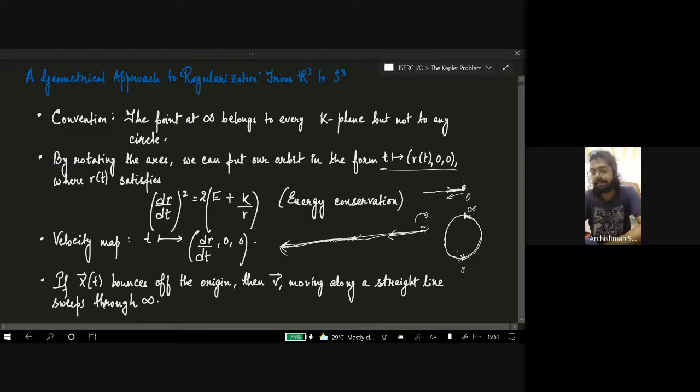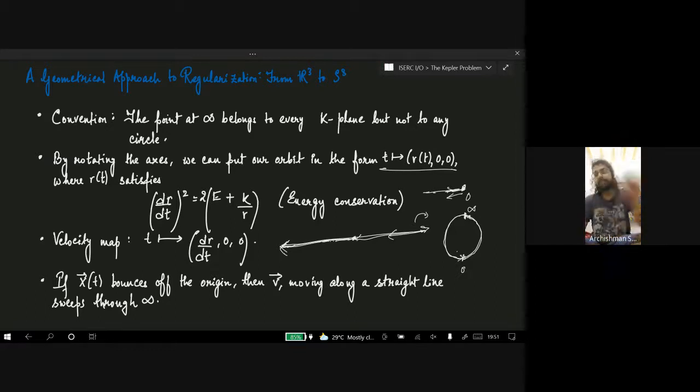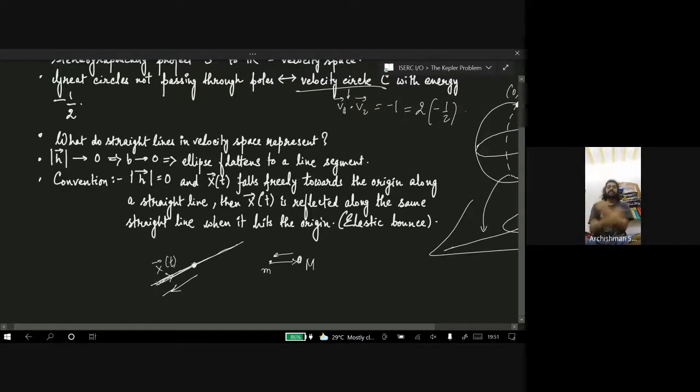So the velocity vector moves in a straight line, and it sweeps to the point at infinity. And in our picture, these velocity vectors become the straight lines that we wanted to talk about. Any straight line in the velocity space corresponds to singular orbits.